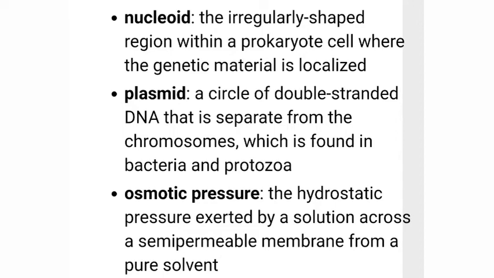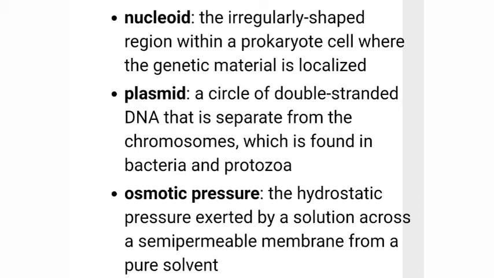Osmotic pressure: the hydrostatic pressure exerted by a solution across a semi-permeable membrane from a pure solvent is called osmotic pressure. Remember, the region of the bacterial cell where the genetic material is present is called the nucleoid. The nucleoid is a non-membrane-bound, irregularly shaped region.